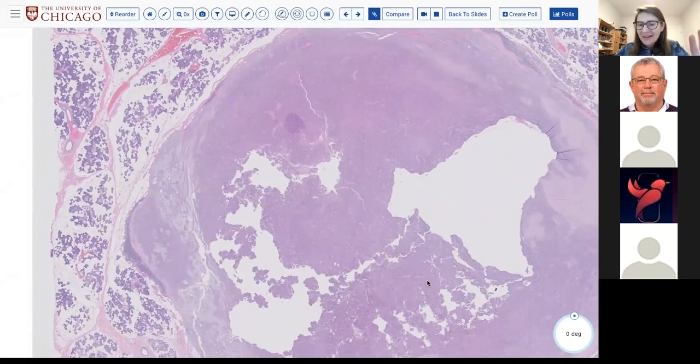We know that the morphology can be overlapping and it's overall very bland or very low grade. And so in this case, I would not diagnose an invasive carcinoma ex-PA. I probably would not even diagnose an in situ or an intracapsular carcinoma ex-PA. If you think that's what it is, again, I would be very cautious and explain that this is still a circumscribed neoplasm and indolent behavior is still expected.